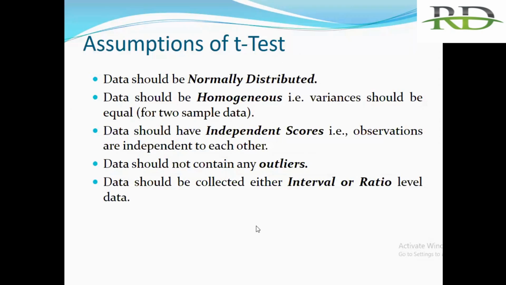Supposing you have one group, but you are testing two teaching methods on the same group, and the result is on a scoring system. What test will be applied there? If you have the same set of individuals and you are giving two different methods of teaching, you will definitely not be giving them at the same time. Maybe one first and then the other, so it is a paired sample.